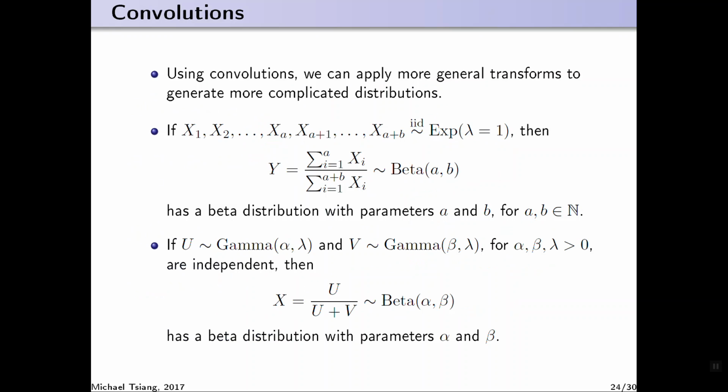If you remember all of your nightmares from 100B about how all of these different random variables are related to each other, we're basically going to use those definitions to get other random variables. That's how these things work.